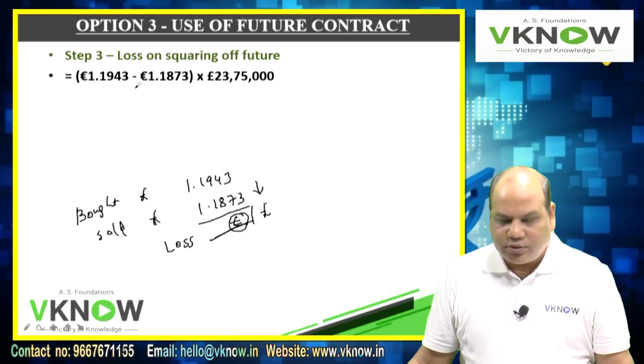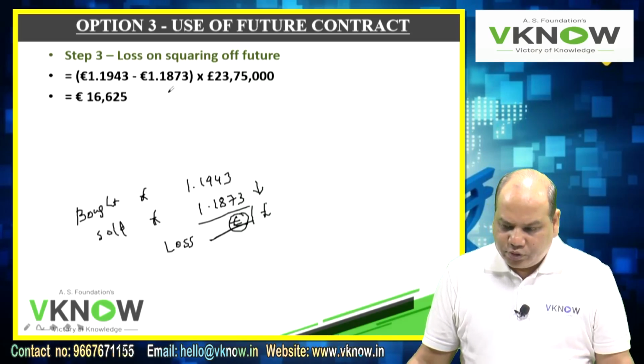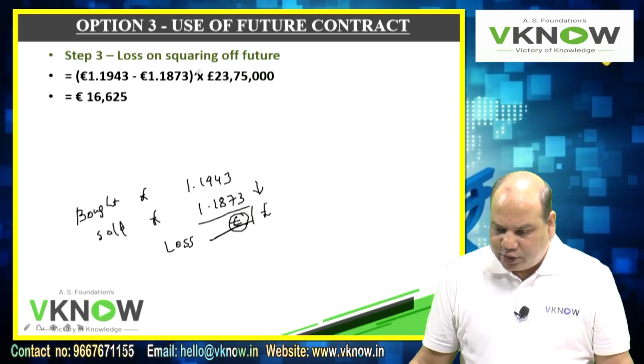Some exams they give profit, some exams they may give loss here. So 1.1943 is the rate at which we bought, and now we are squaring it off at a lower rate. So therefore the answer is 16,625 euro. If you want to write 23,75,000 full, write down. Otherwise you can write number of contracts into 62,500.